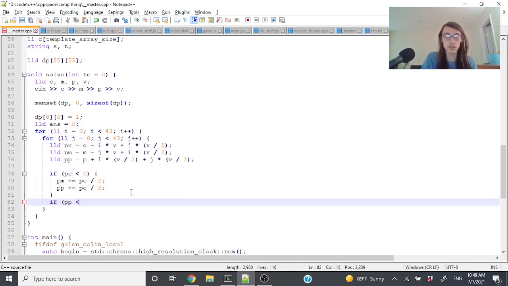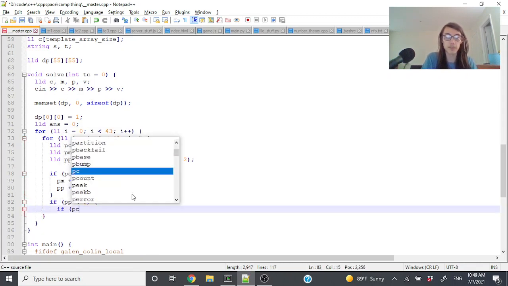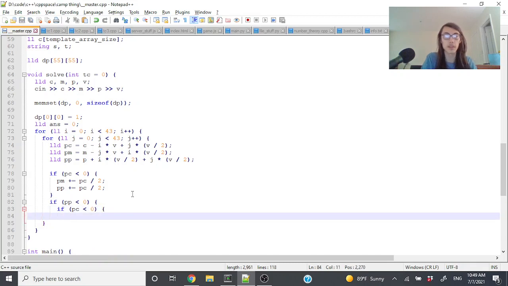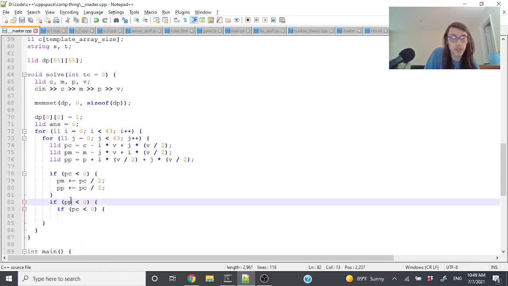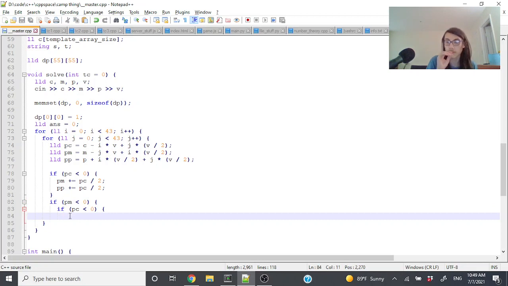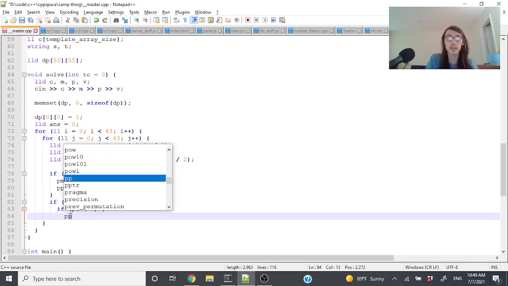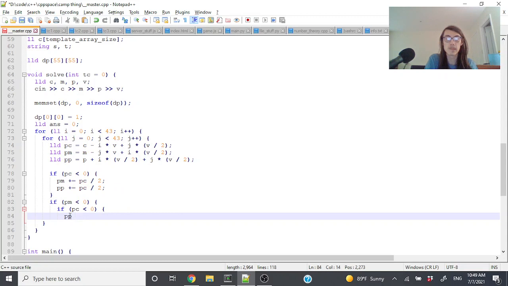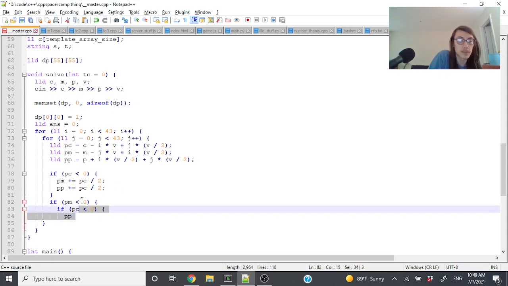So if PP is less than 0, then if PC is also less than 0, everything goes to, alright, this should be PM. In this case, everything goes to, at least we can do some casework.